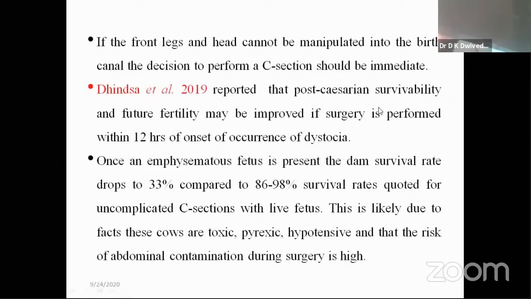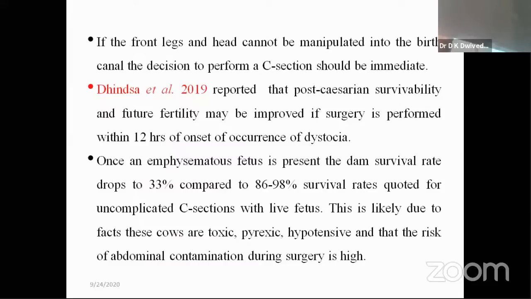Now, one another criterion, this is for the doctors or clinicians who are handling dystocia cases. If you are unable to palpate the front legs as well as the head, or unable to manipulate them into the birth canal, then you should take the decision to perform C-section immediately. You should immediately refer the case for the C-section. Because in Punjab, Mr. Dhinsda et al.